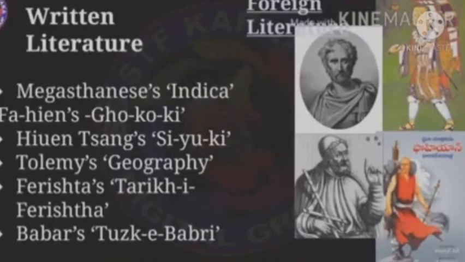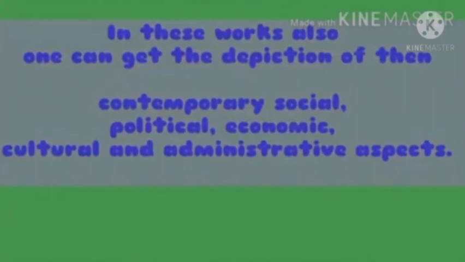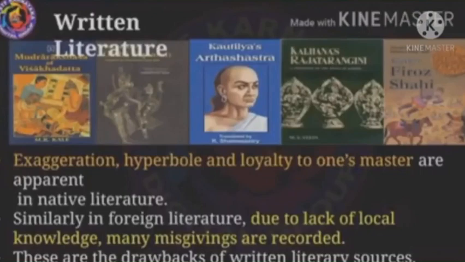Apart from these, there are many other writings that serve as sources. In these works also, one can get details of the contemporary social, political, economic, cultural, and administrative aspects. Exaggeration and loyalty to one's master are apparent in native literature. It means most of our native literature shows loyalty towards the king.